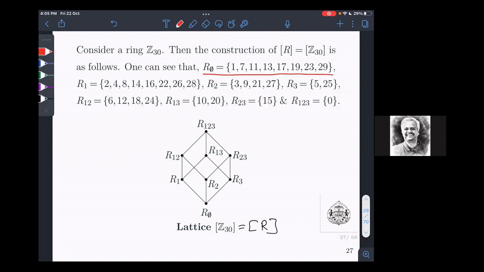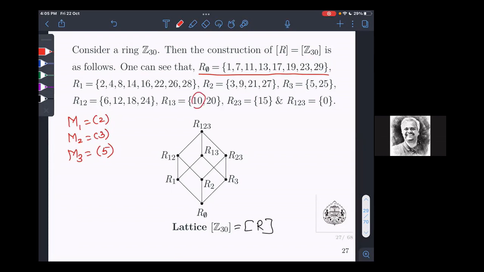Now R1, so I have three maximal ideals. Let us call M1 the ideal generated by 2, M2 the ideal generated by 3, M3 the ideal generated by 5. These are the maximal ideals, right? In R1, you will observe that these two elements are not there.